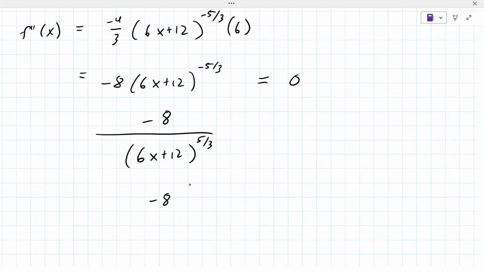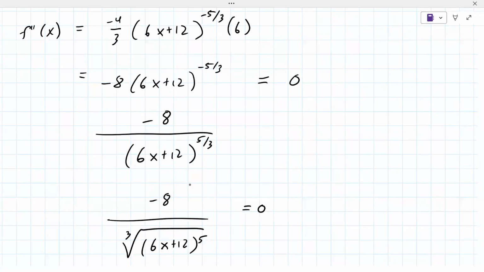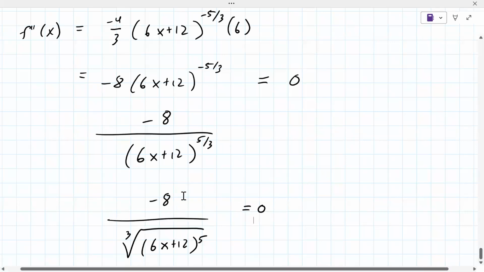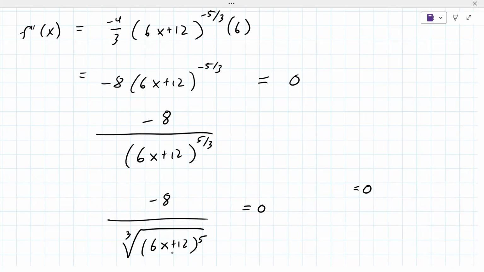And just a further rewrite here, it's the cube root of 6x plus 12 to the power of 5. All of that being said, there is no place where this equals 0 because it's where the numerator equals 0. So you might be like, well, what do we do? Well, it's undefined, and that's a problem. So you're looking for places where it equals 0 or undefined.